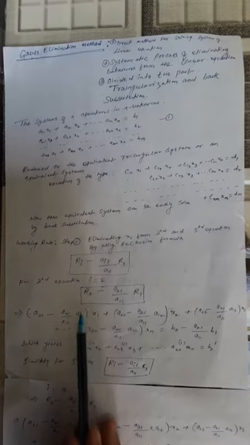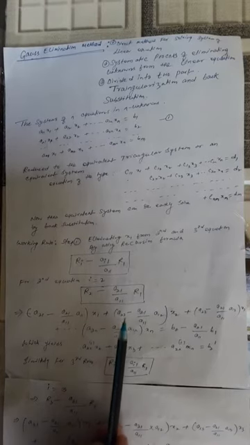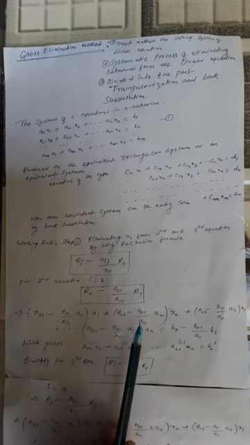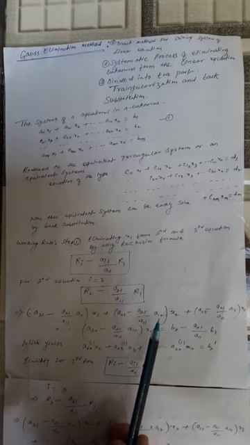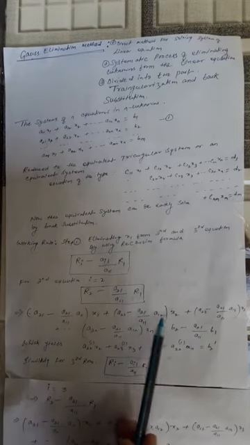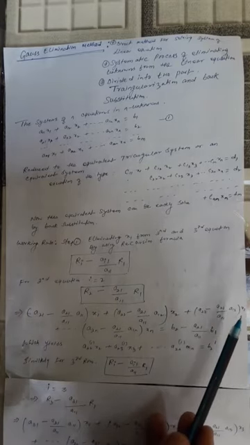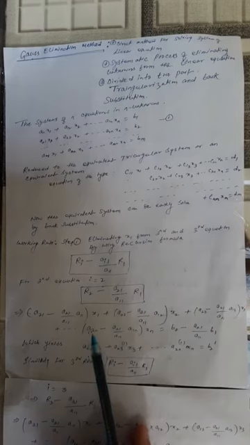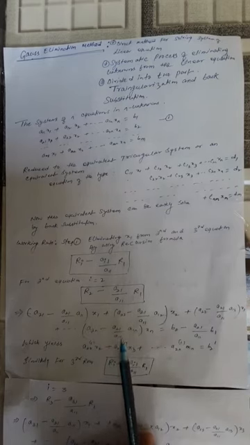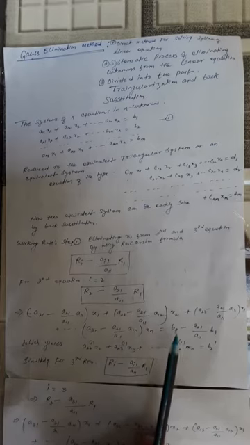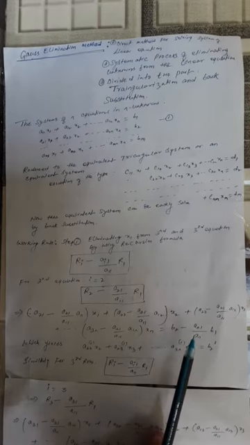Then A22 minus (A21 divided by A11) A12, which is the second element, and A23 minus (A21 divided by A11) A13 for x3. It goes up to A2n minus (A21 divided by A11) A1n for xn. This is the last term, and on the right side B2 minus (A21 divided by A11) B1.